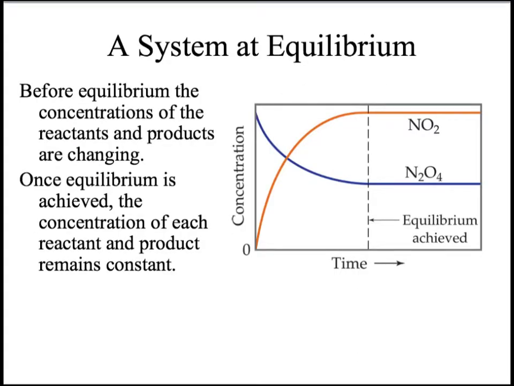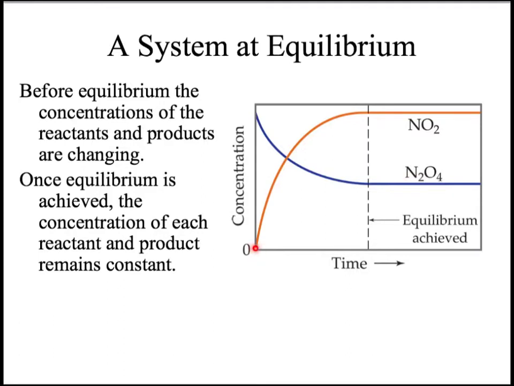Now this graph is very different than the last one. This isn't rate versus time, this is concentration versus time. And these graphs here are when you start this equilibrium with lots of reactants and no products. So as the reaction goes, all of those reactants are made into products and their concentration decreases until equilibrium hits and you have a nice level off.